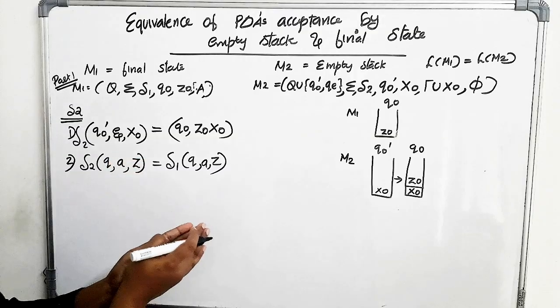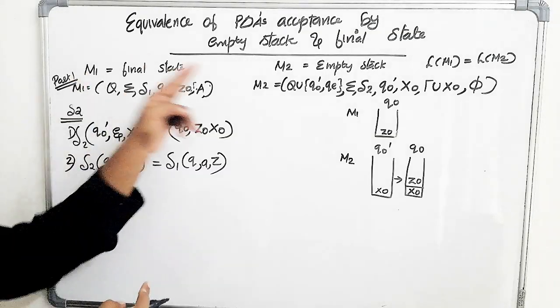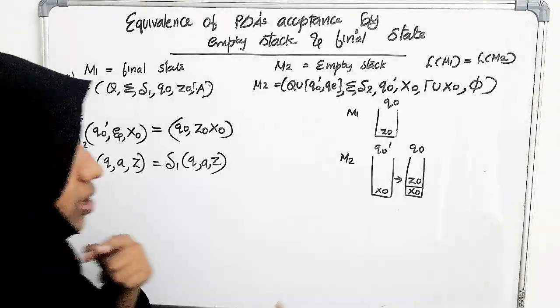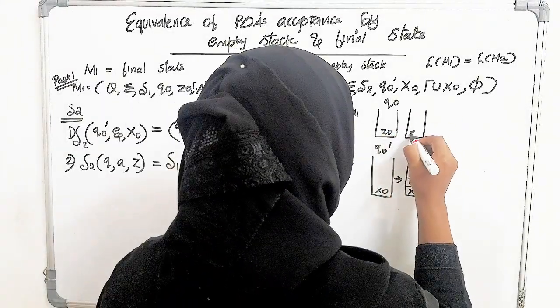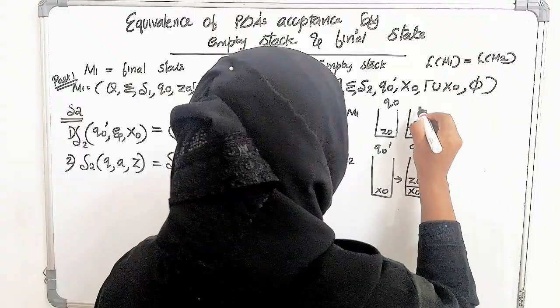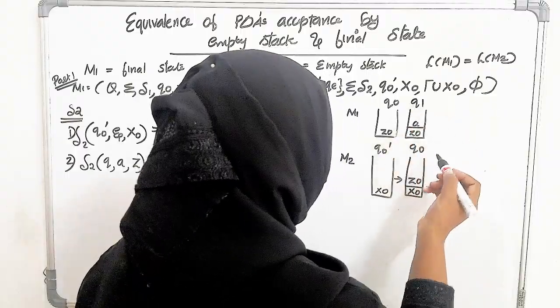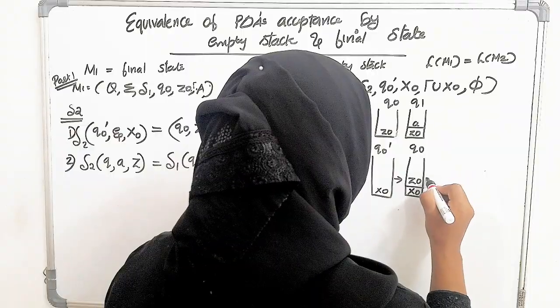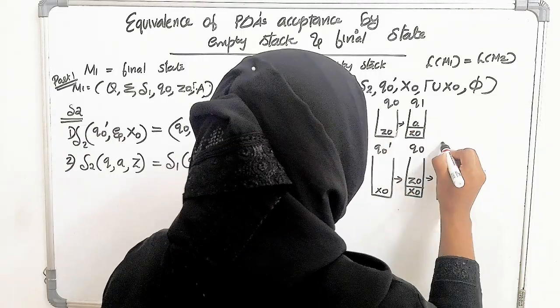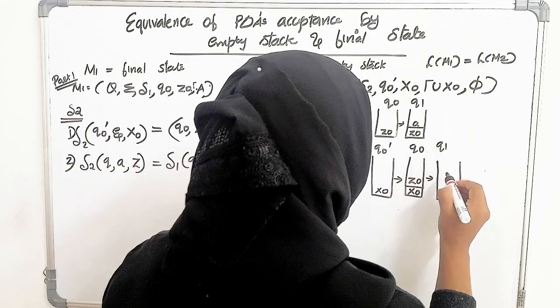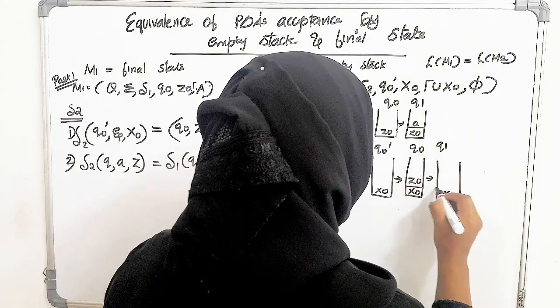For example, if M1 is pushing an A and moving to state Q1, M2 will also copy that. It will also go to state Q1 and push A onto the stack.